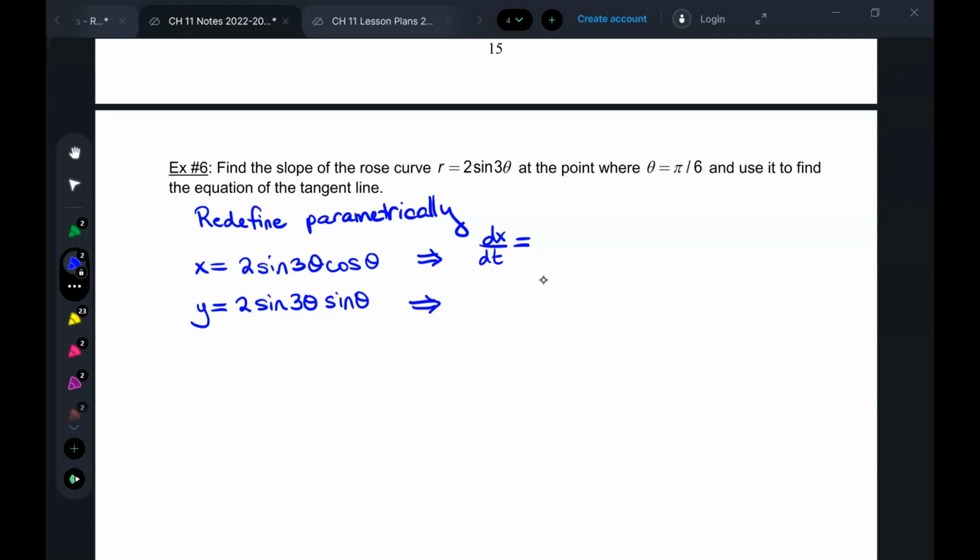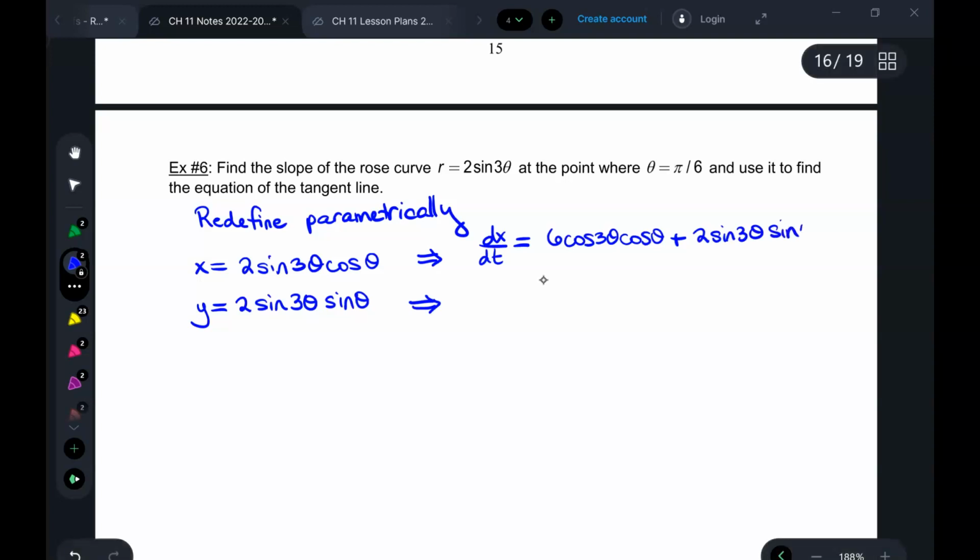Let's do the derivative of 2 sine 3 theta, so that'll be 6 cosine 3 theta times cosine theta plus, now I'll leave 2 sine 3 theta times the derivative of cosine theta, which would be negative sine. So I'll just change this into a minus sign here.